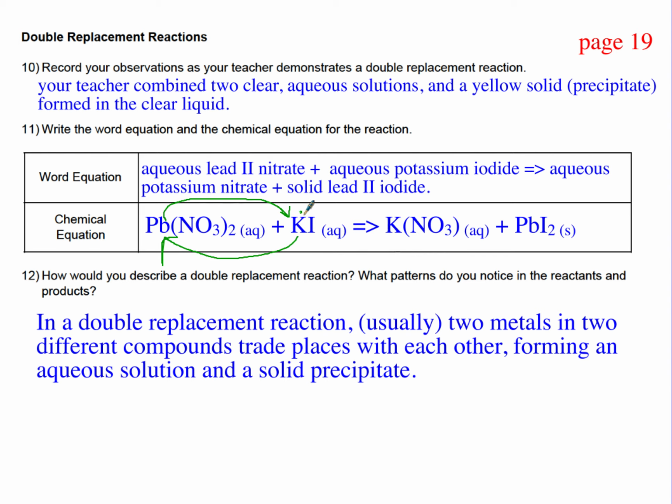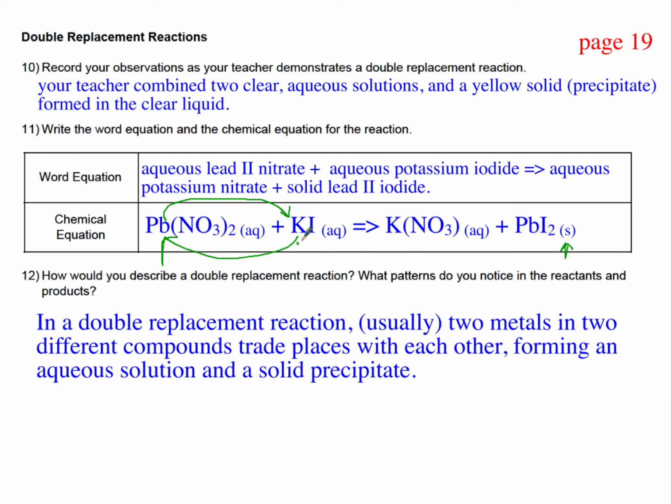The Pb joined up with the I. And this reaction only occurs if this precipitate forms. If this precipitate forms, that means this did not happen, yet it did. So I'm going to erase the little X. Oops. All right, everybody good? So this solid precipitate forms.